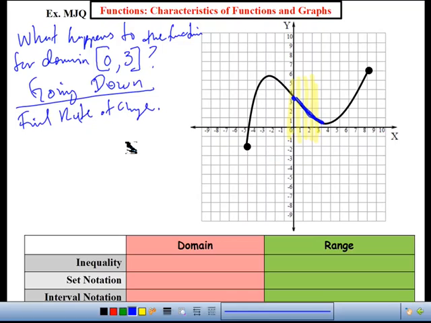What's another word for rate of change, Michael? Yeah, one word.